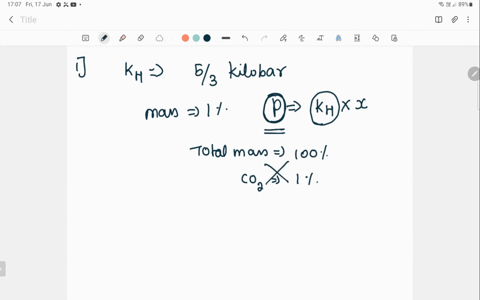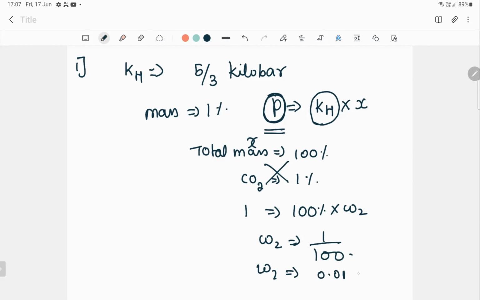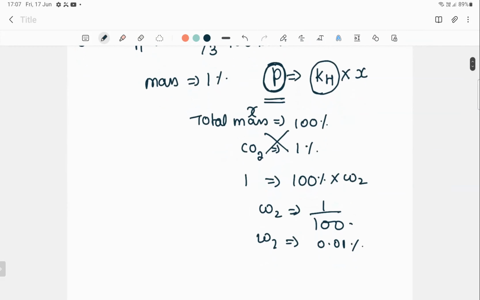Now cross multiply. So 1 into 100% into CO2, which is equal to CO2 equal to, just keep it as X, nothing but 1/100. What is 1/100? 0.01. Here it is nothing but a percentage. Correct? But we need it in terms of pressure.